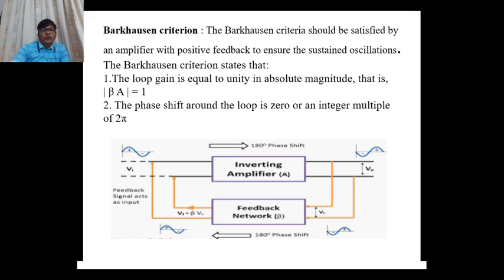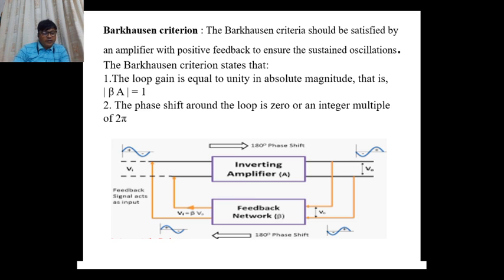And one more, the phase shift around the loop is 0 or integral multiple of 2 pi. Means the phase shift between the output and the input signal and the feedback signal, both are in phase. So this is all about the Barkhausen criterion.